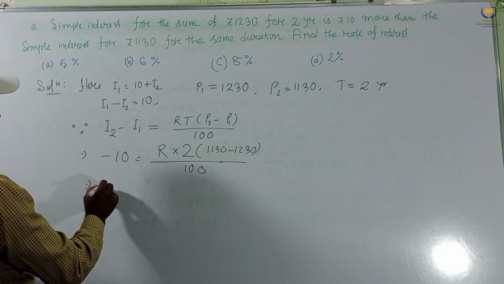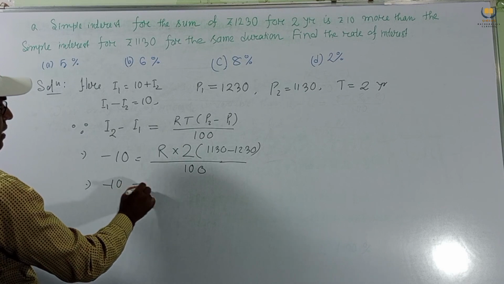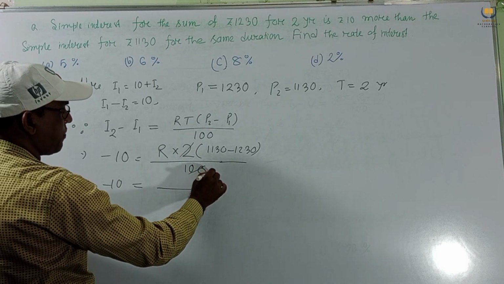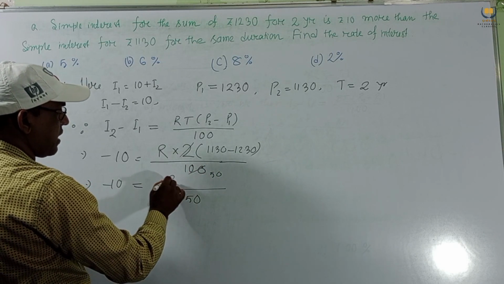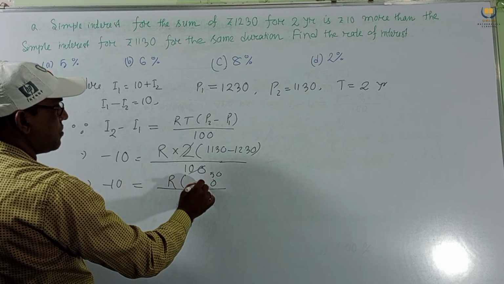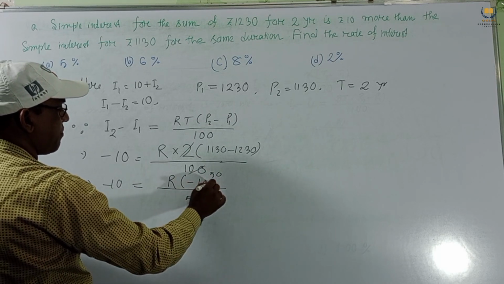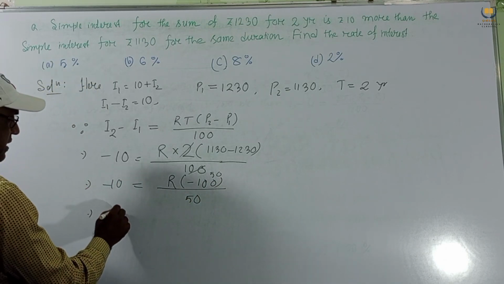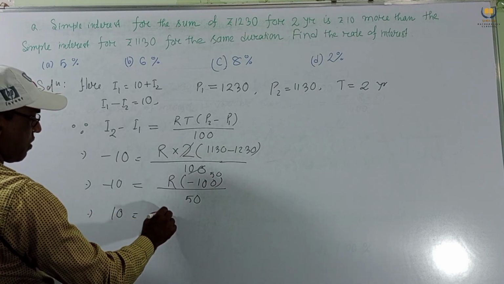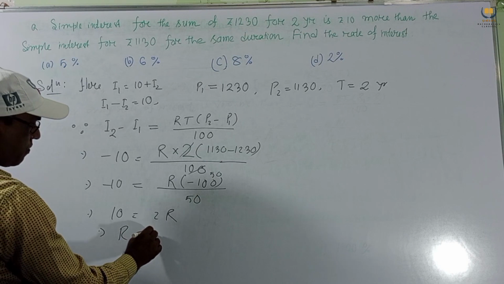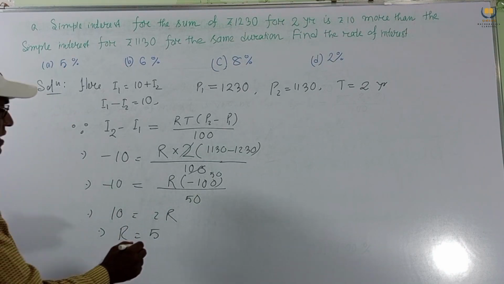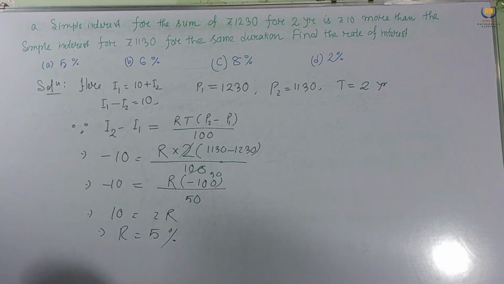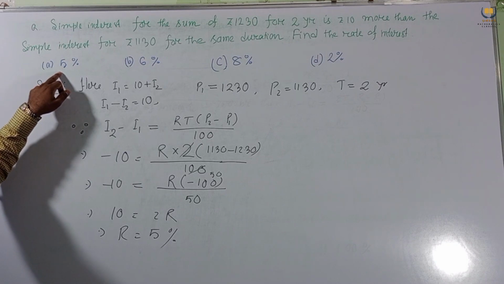That is minus 100 over 100, and cancelling, minus 10 equals minus 2R, and R equals 5. We get 5% as our answer. So option A is the correct option.